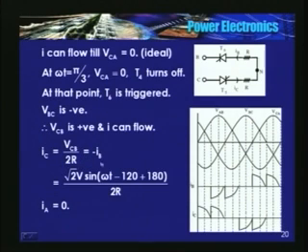Now VBC is Vm sin omega t minus 120 degrees. For CB I am adding 180 degrees because we have defined AB, BC and CA. So divided by 2R, and IA is equal to 0. And what is this value of current? You need to substitute omega t is equal to 60 degrees. So you will get the value of this current by substituting it here. That is the value of IC.